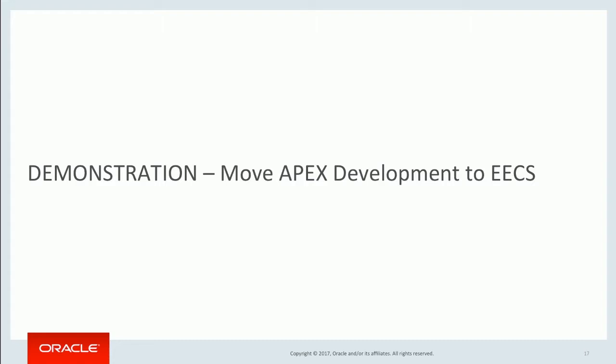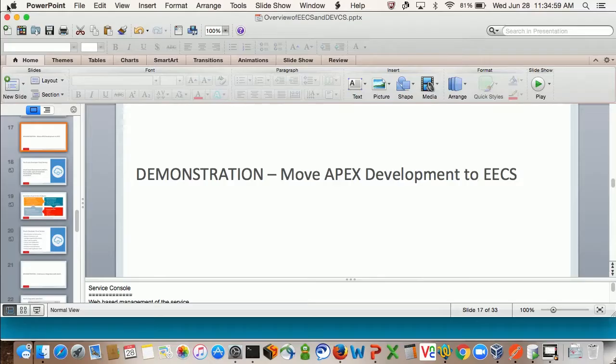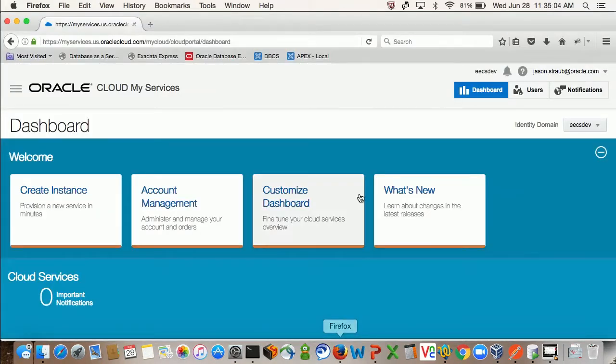So we're going to do a demonstration where we shift that development to the Exadata Express Cloud Service. So first, let's explore the Exadata Express Cloud Service a little bit.